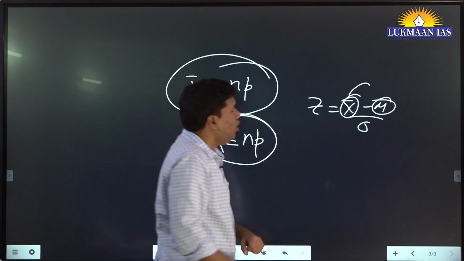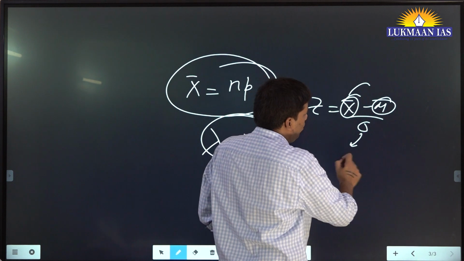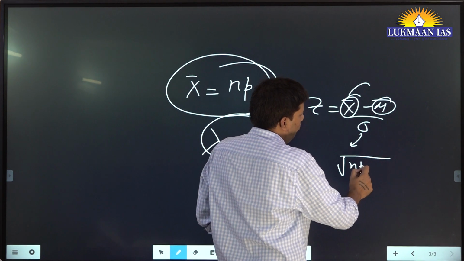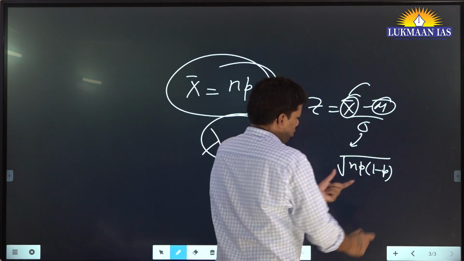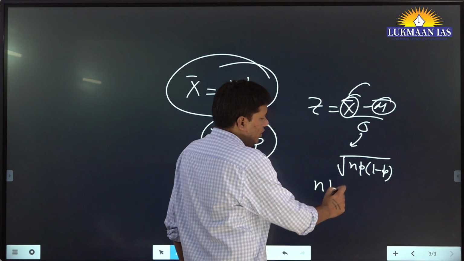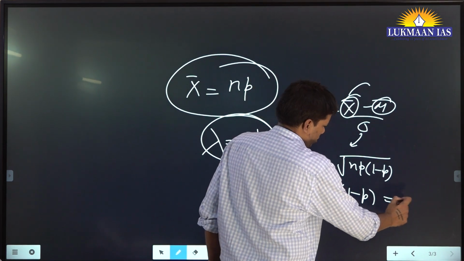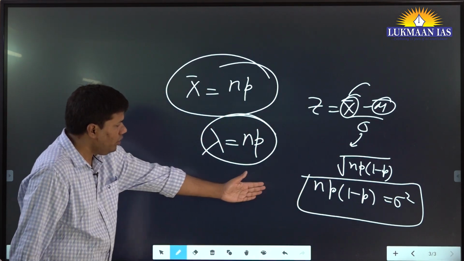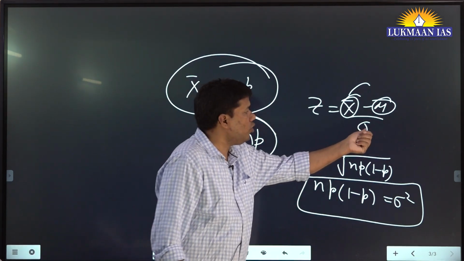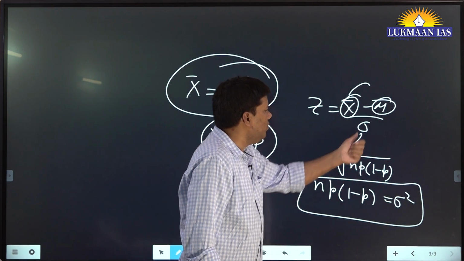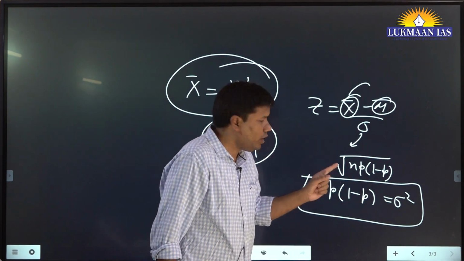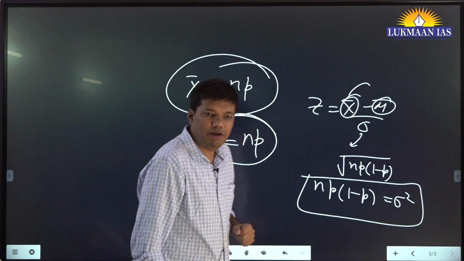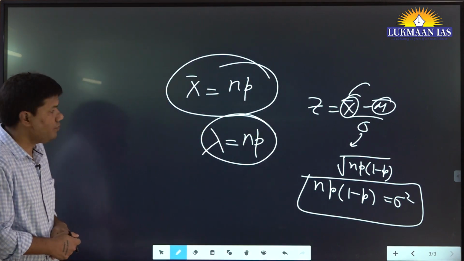And the standard deviation you will replace by the square root of n into p into 1 minus p, because you know n into p into 1 minus p is equal to variance. Fine. We saw that this is the variance. So what you are looking for is the standard deviation, and you will simply replace it by this, because in the binomial case you will know only n and p. Fine.